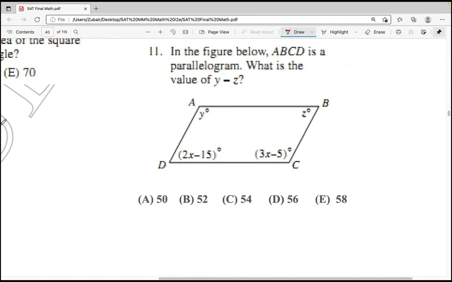Can I write it like that? You're talking about these two? Yes. You can do y is equal to 3x minus 5.